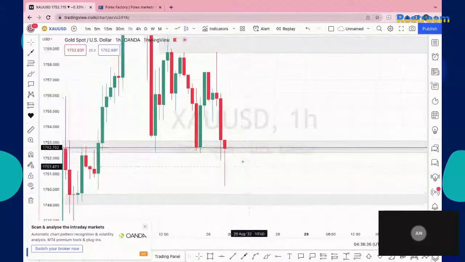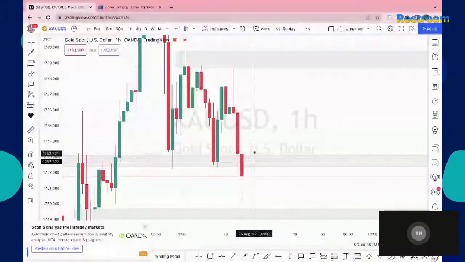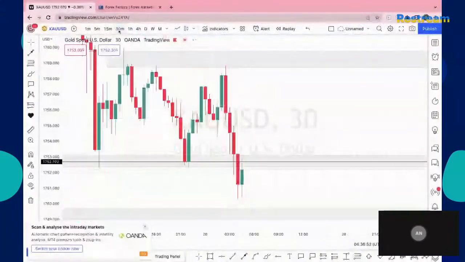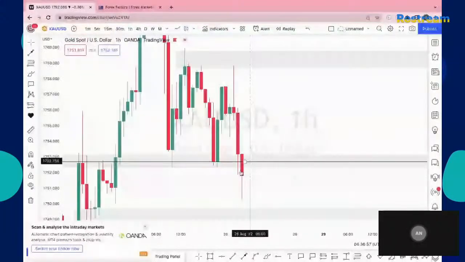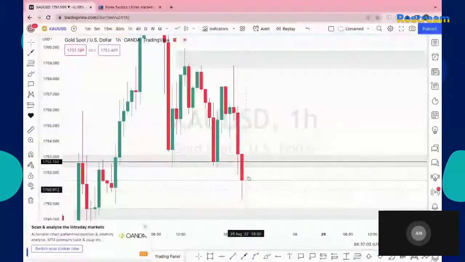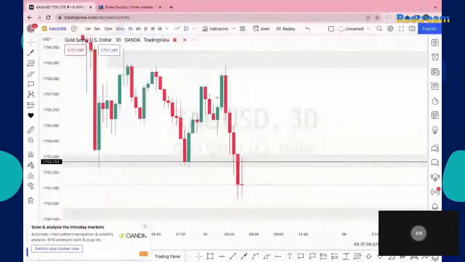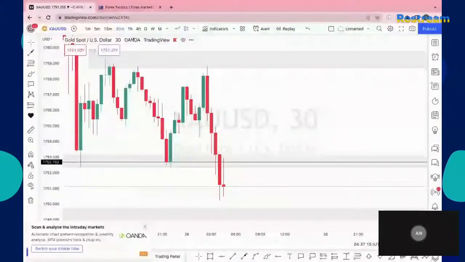So if it closes above 1752, I wouldn't want to take any sells, because as I said, on the 1 hour it would have created an exhaustion candle, so like a rejection. So I would possibly be looking for buys.